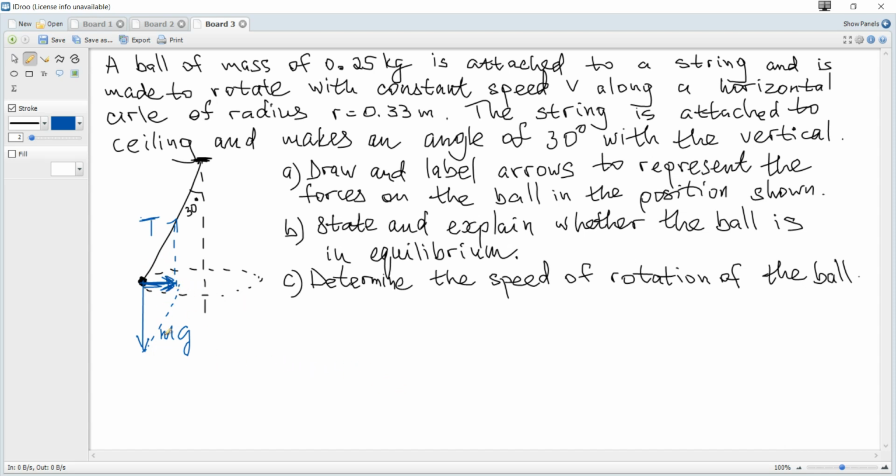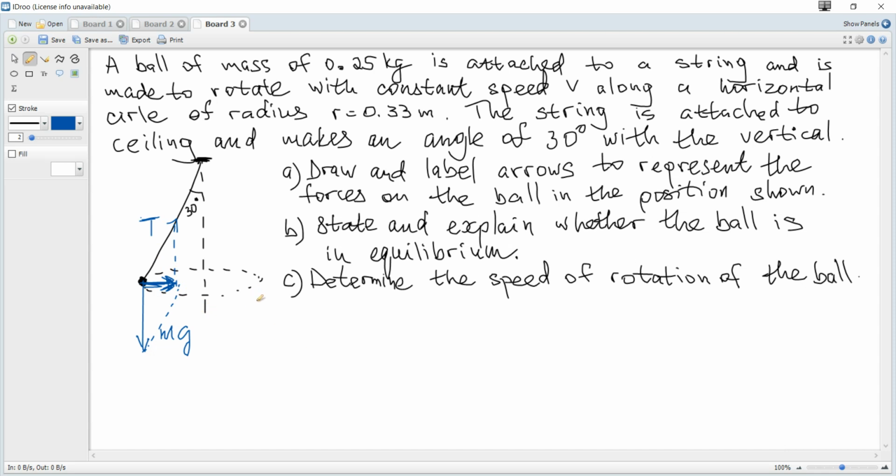It's equivalent. We can consider this force instead of these two forces. It's not the third force, it's the resultant force. It's the sum or equivalent of these two forces.